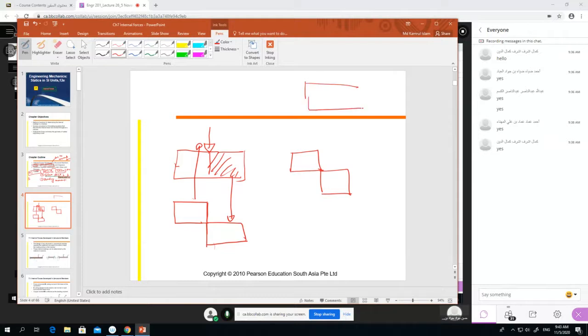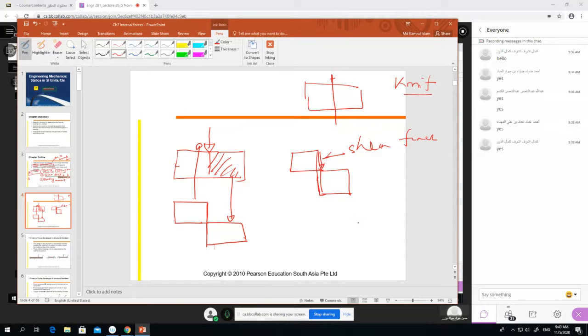Imagine something here and you are applying a knife or scissors. You apply force with the knife, it cuts down, and it happens like this. So the shear force developed here is called shear force.